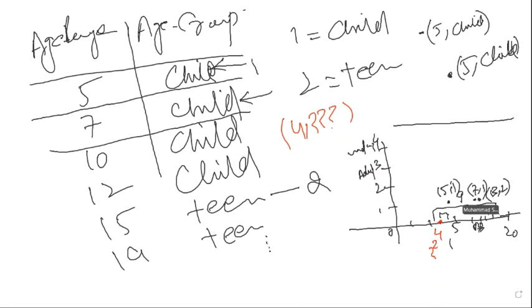So that means this new record, which has an unknown age group label, is closer to 5 compared to 13. So we'll say that this new record should have a label of 1. So let me put it 1.